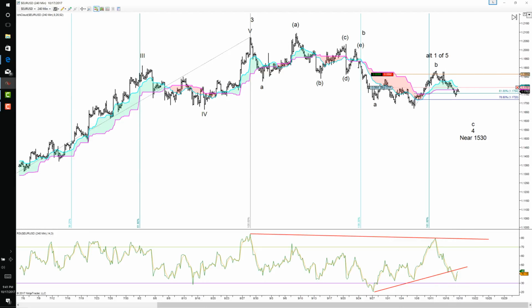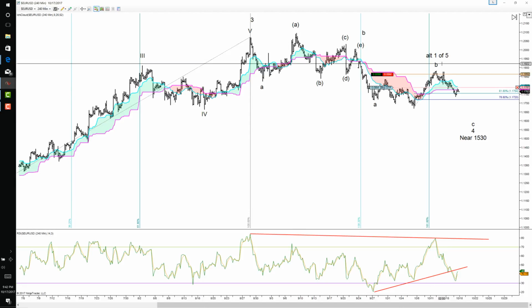So with that being said, the primary that I have in the euro is still as I had it 2 days ago. I have this as a top of wave B, and now I'm expecting a 5-wave move down near the 1.1530 level. There is a report, and Mario Draghi will be speaking within the next 4 hours.